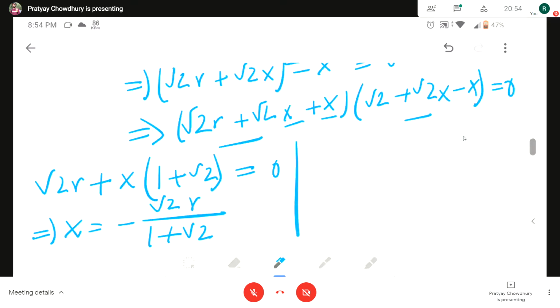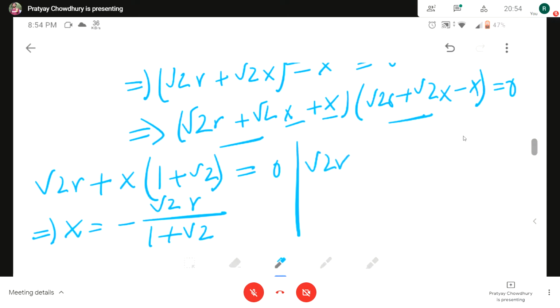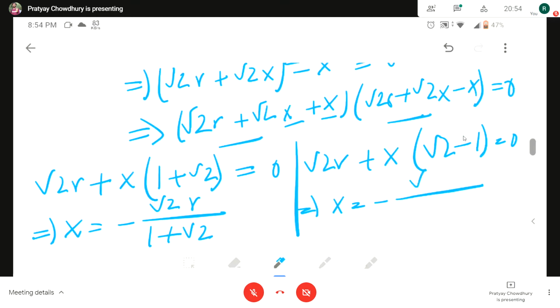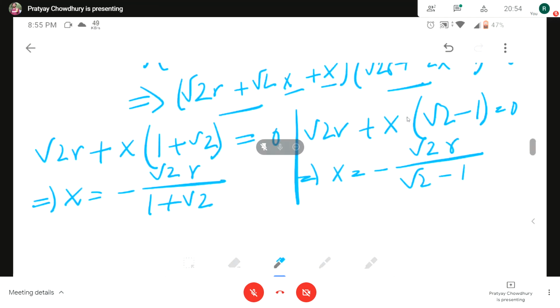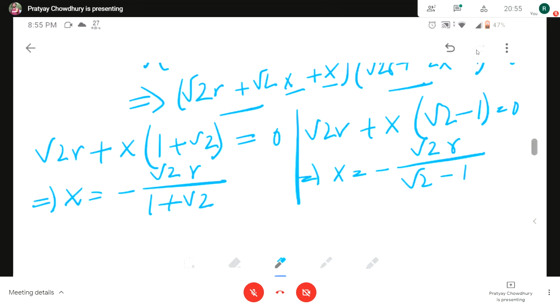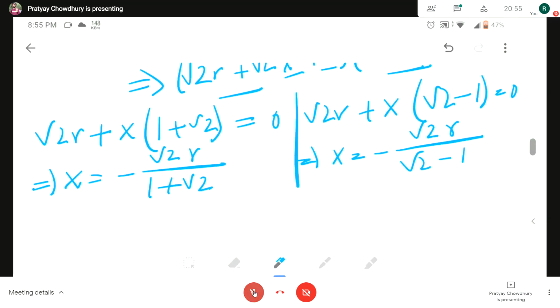And from here we get root 2 r plus x into (root 2 minus 1) is equal to 0, and x is equal to minus root 2 r divided by (root 2 minus 1). So there are 2 points where the forces can be neutralized.